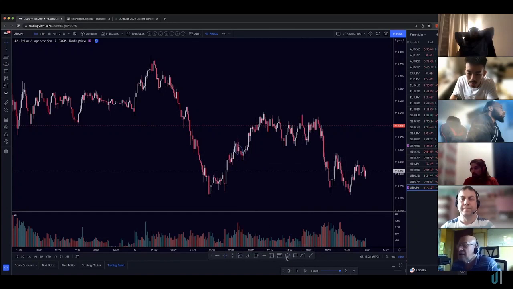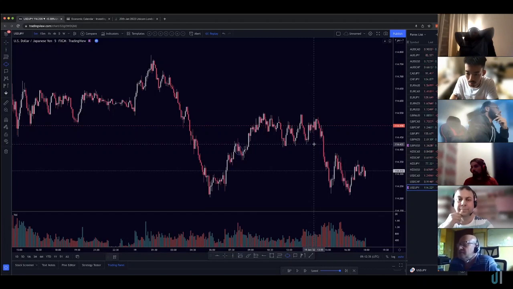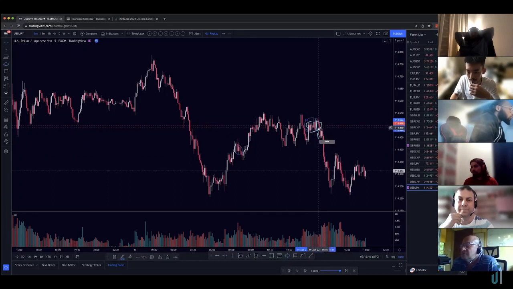Then I see this seller come down and the buyer making a few tries, then this seller came down, killing this range and these buyers, and seeing this little last buyer coming up, then coming down, I took the sell here.